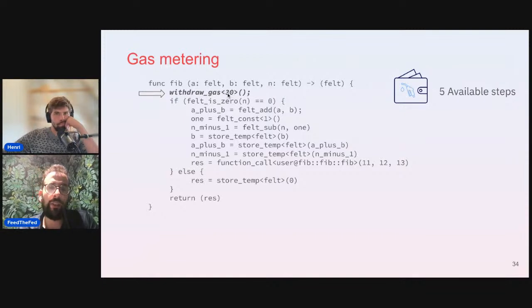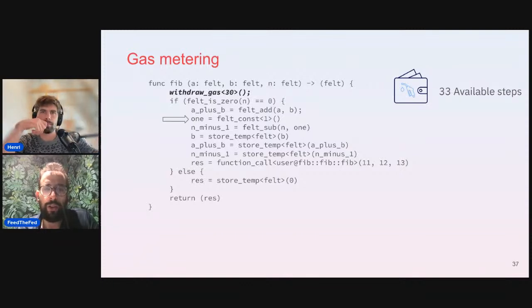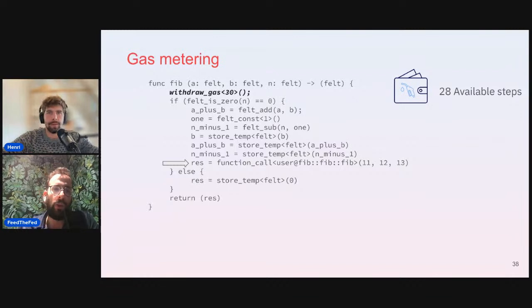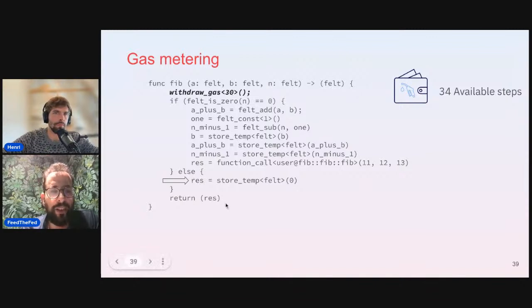It is called withdraw gas, and it requests 30 gas. If I'm looking at the if branch, the first instruction took a step, another step, and eventually I paid some number of steps, so I end up with 28 steps available. The else branch also has some requirements. I think the number here should be 35.